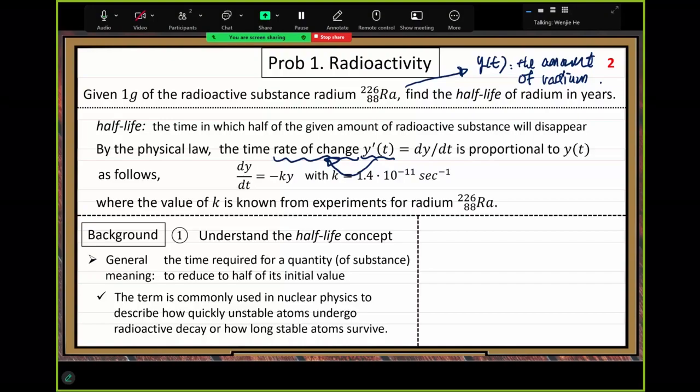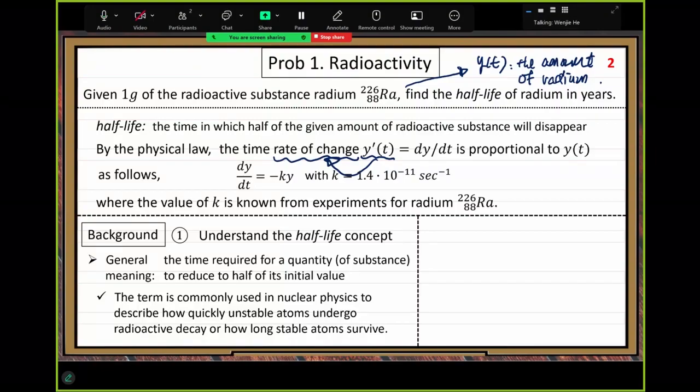For stable, it means it changes in a very slow way, but it still changes. Unstable means it changes very fast. Decay very fast.